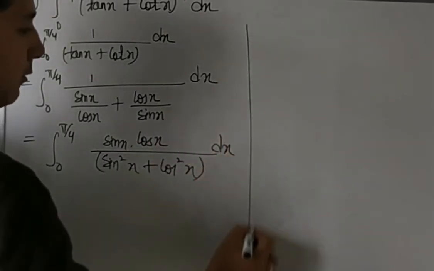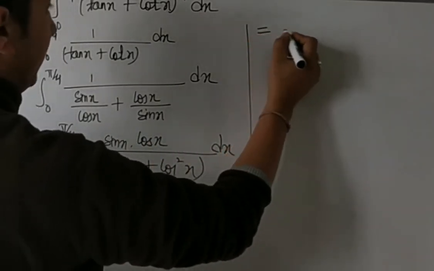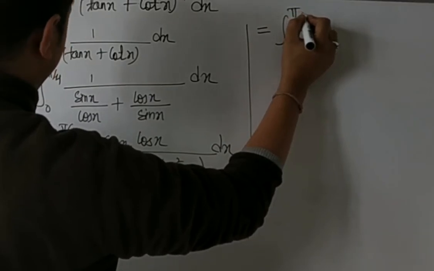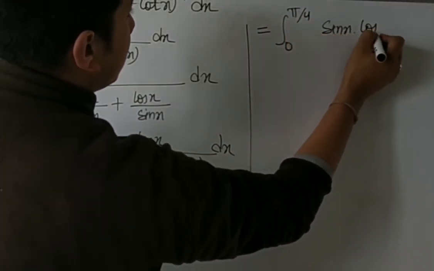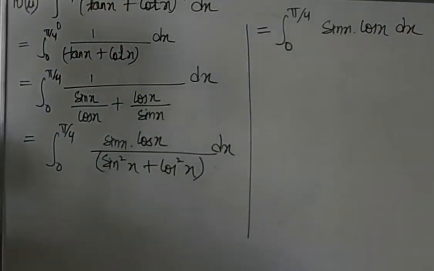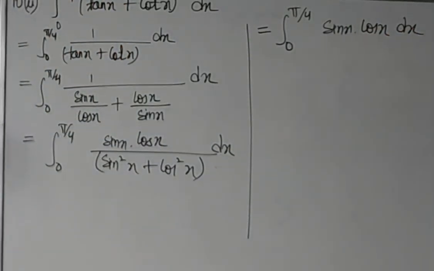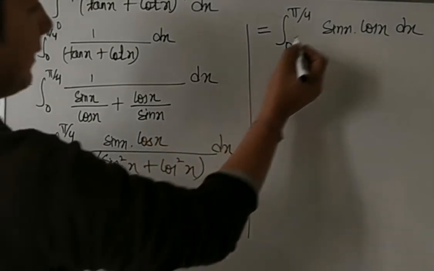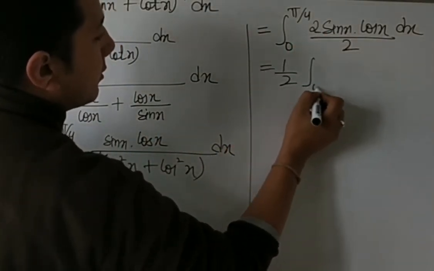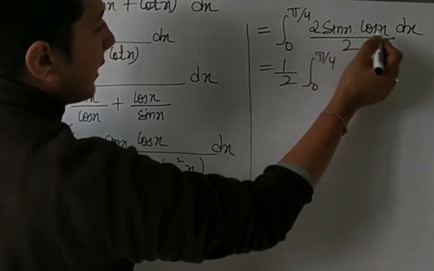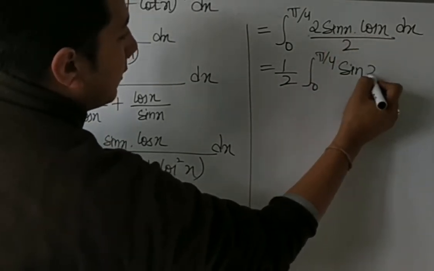So something like this you will be getting: integration from 0 to pi by 4 of sin x into cos x dx. To make things simpler, what to do? We have to multiply with 2 and divide by 2. So 1 by 2 will be constant, from 0 to pi by 4, 2 sin x cos x will be sin 2x.